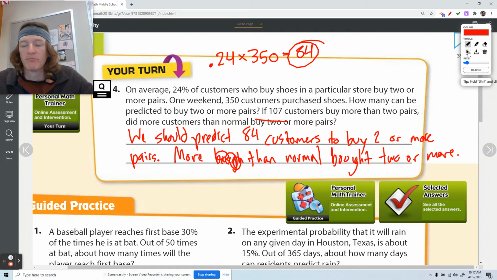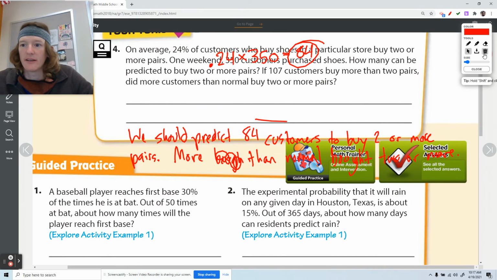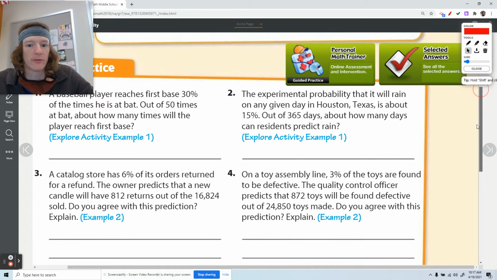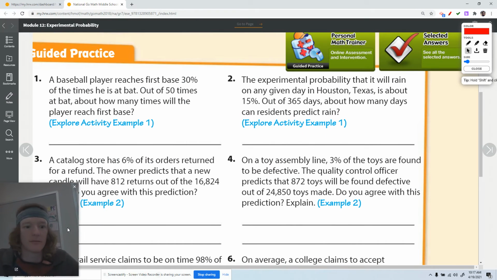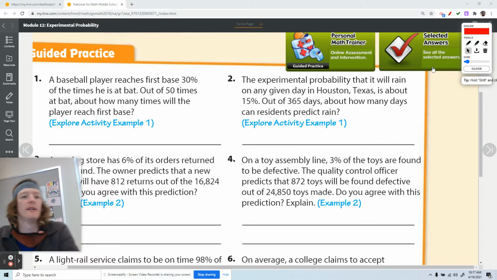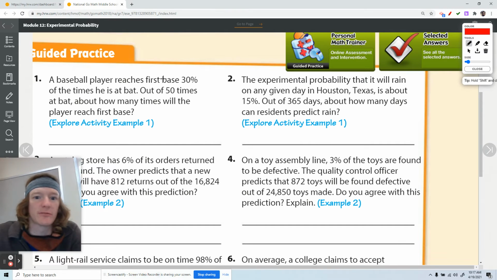All right. Scrolling down, clearing my writing. We're going to do numbers 1, 2, 3, and 4 here. Number 1, a baseball player reaches first base 30% of the time he is at bat. That's 30%, 0.30, or just 0.3. Out of 50 times at bat, about how many times will the player reach first base?